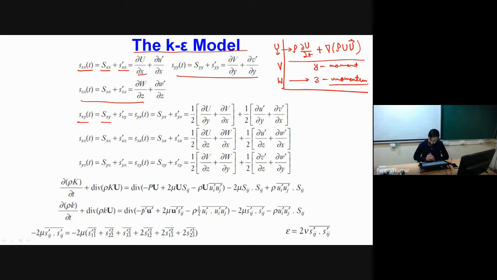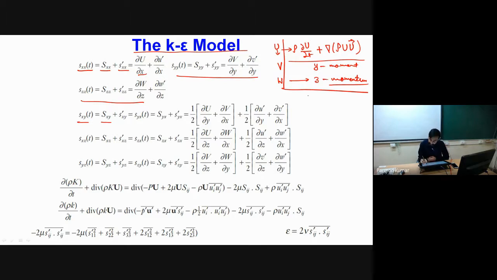If we multiply each of these equations, the first with U, the second with V, and the third with W, all the terms involving U square will take the form of kinetic energy per unit mass.